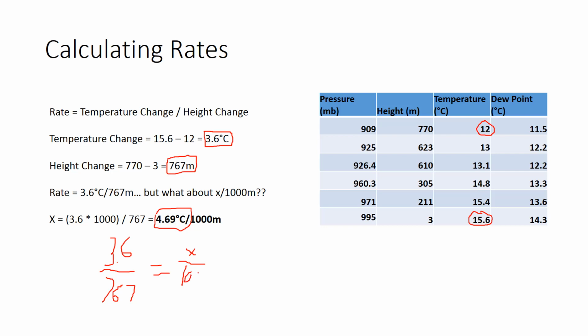That's all I did, I just cross multiplied. So if you've ever cross multiplied before, 3.6 times 1,000, x divided by 767, and so that gives you x equals 4.69. And so the lapse rate is 4.69 degrees Celsius per every 1,000 meters.